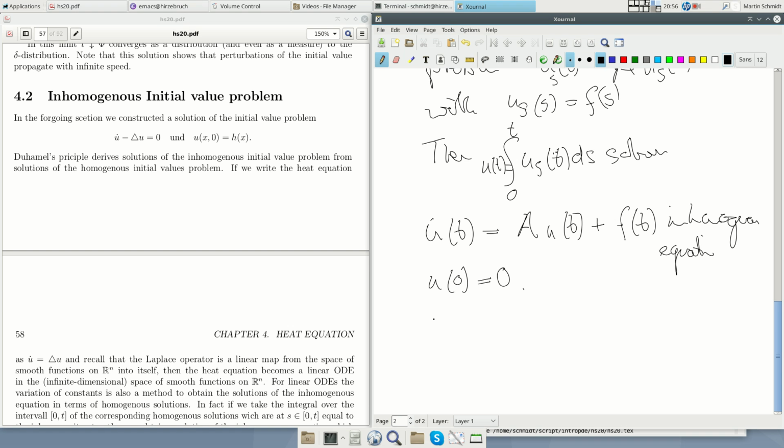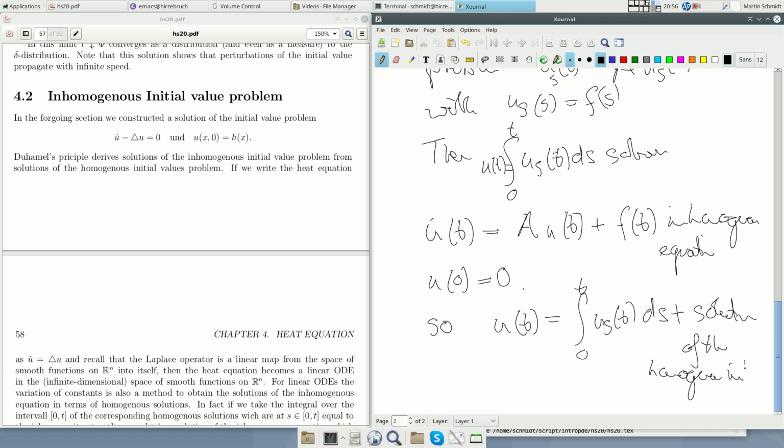So u of t equals the integral of u_s of t ds plus the solution of the homogeneous initial value problem.